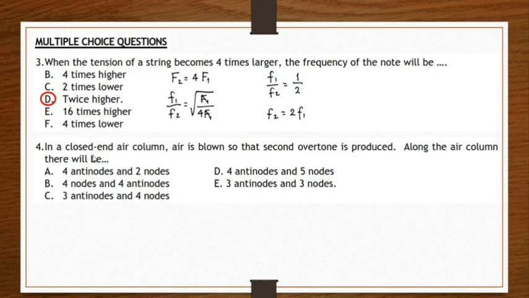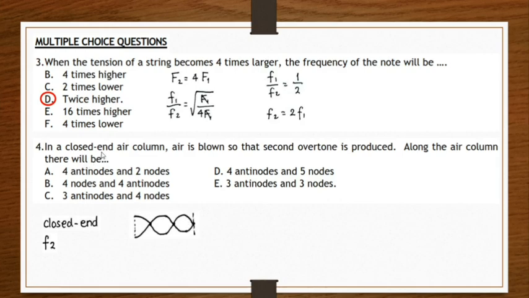Number 4. In a closed end air column, air is blown so that the second overtone is produced. Closed end, second overtone is f2. Along the air column, there will be how many nodes and antinodes? I prefer to draw this instead of memorizing the formula.